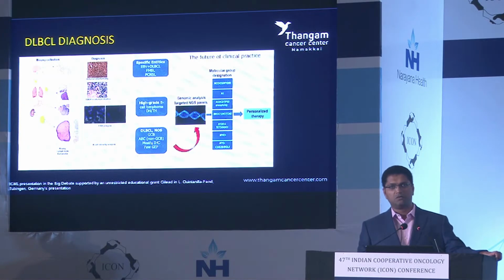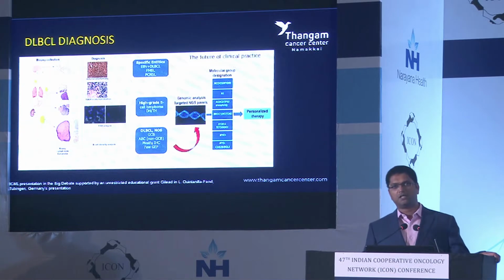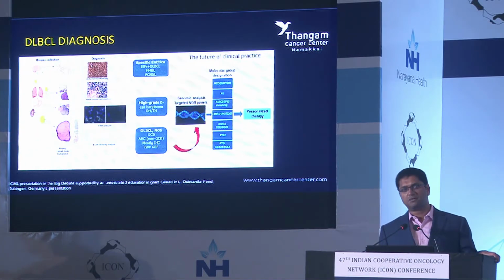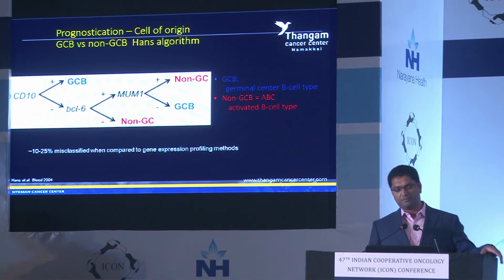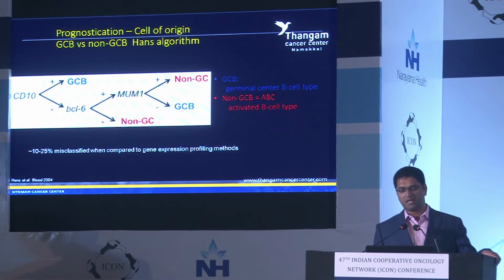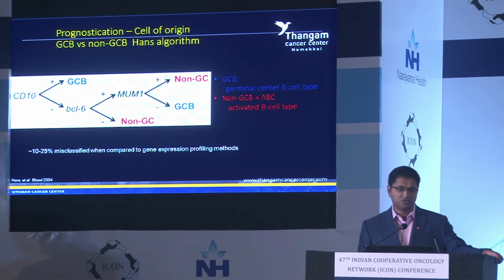So this is what happens when a patient comes to you. They get a biopsy from the most accessible site, and then a histopath report comes along with immunohistochemistry, and then further molecular testing by FISH, and now recently gene expression profiling. So how to prognosticate other than other clinical parameters like the IPI or the RIPI? This is since 2004.